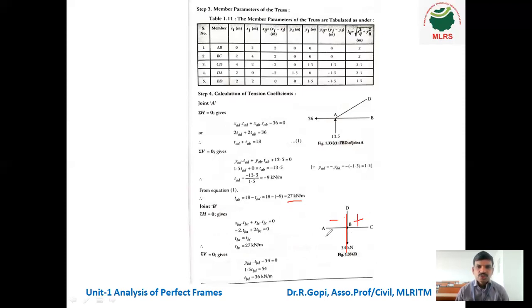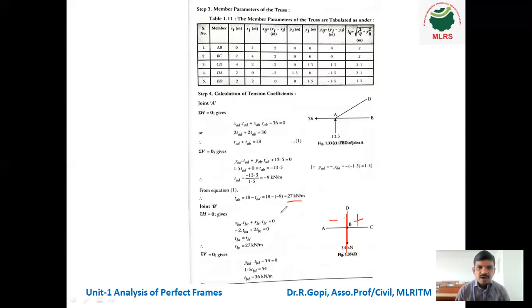XBA is minus 2, the length is 2, but it lies in negative quadrant, so minus. Next, BC is 2 meter length, but it is in positive quadrant, okay, equal to 0. So therefore TBA is equal to TBC.